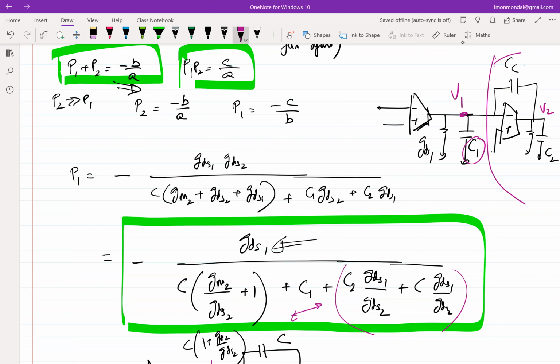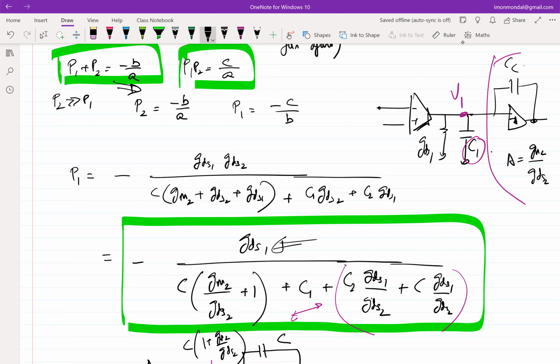Now, what is GM2 over GDS2? It is the gain of the second stage. So if I say this is minus A, then A is GM2 by GDS2.